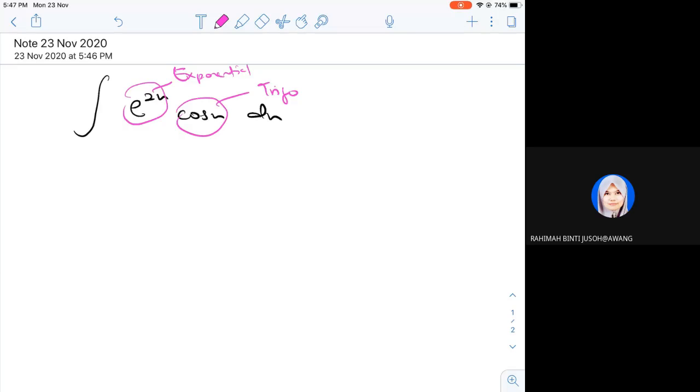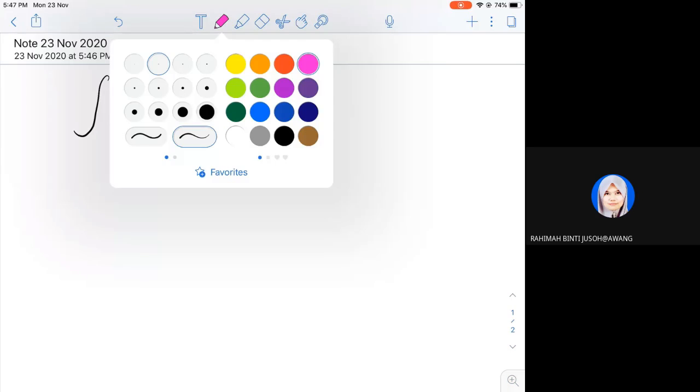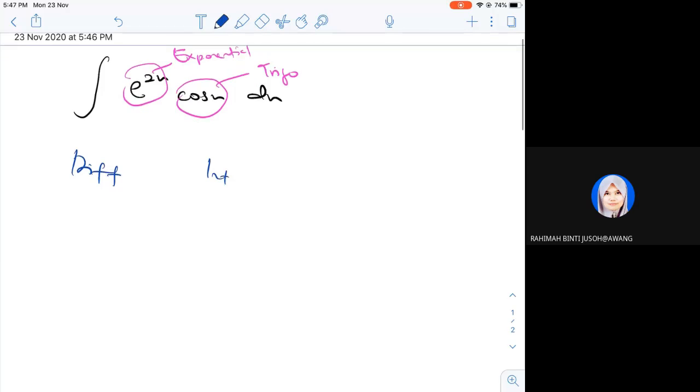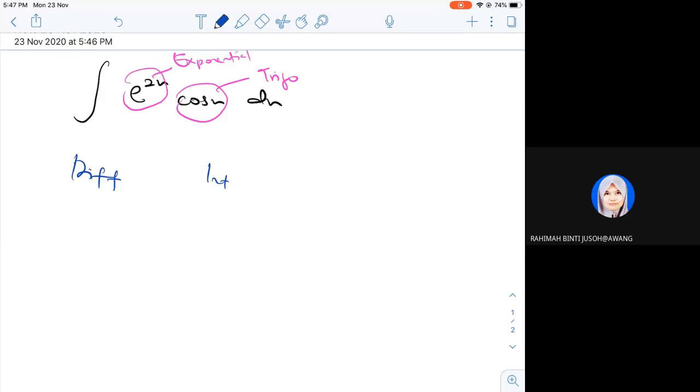So we have differentiate and integrate. According to LAPT, which one do we want to differentiate? Exponential or trigo? Exponential. So we have to differentiate exponent 2x and then cos x, isn't it?